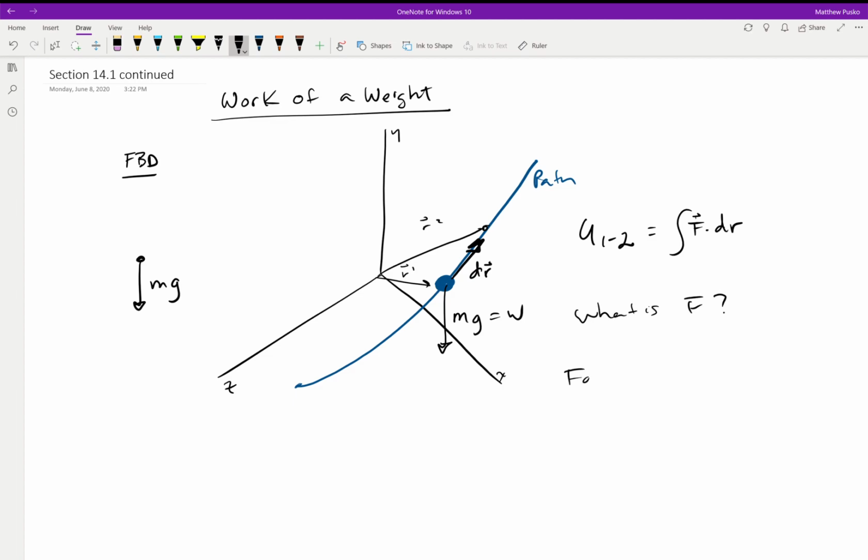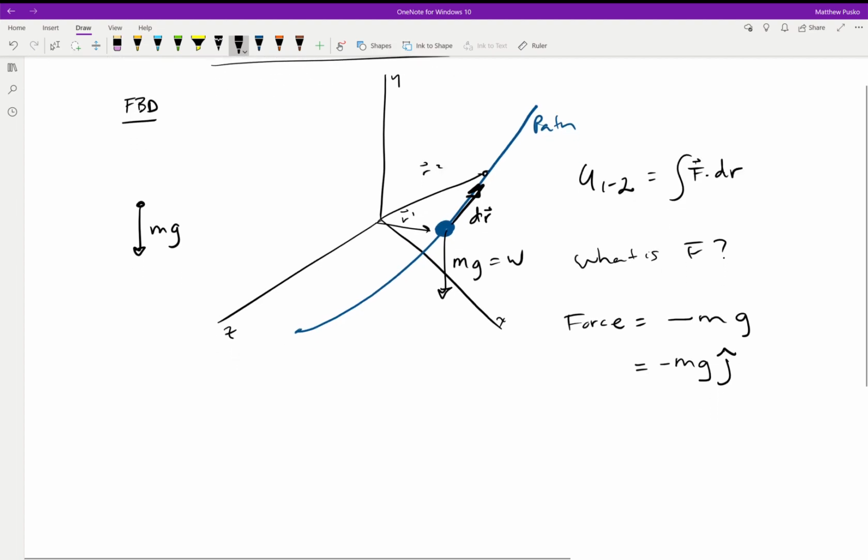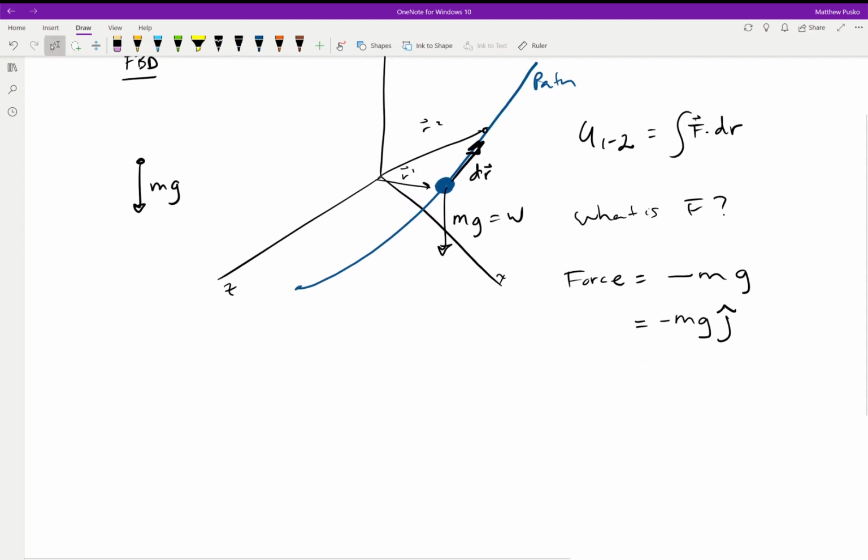That's our force, and in this case, it's a negative mg in the j direction.